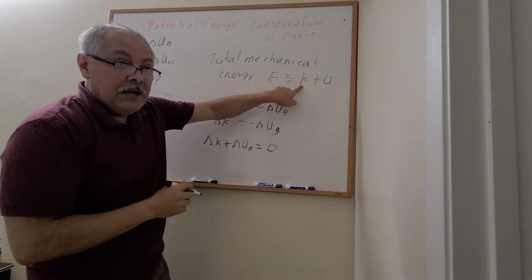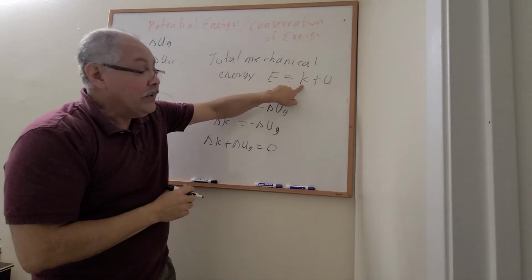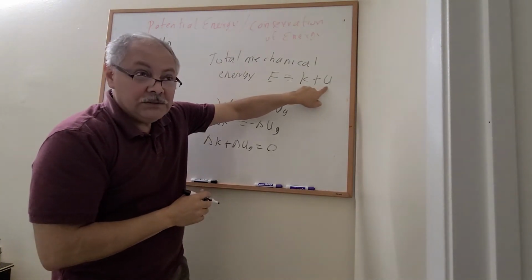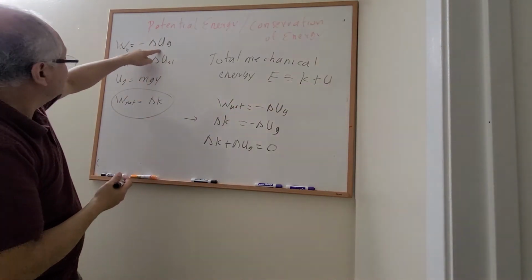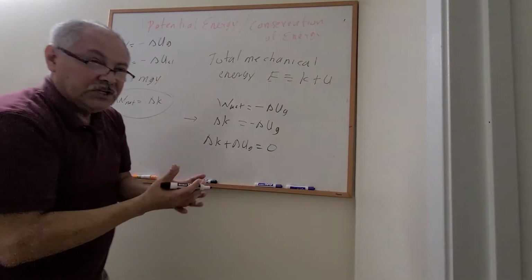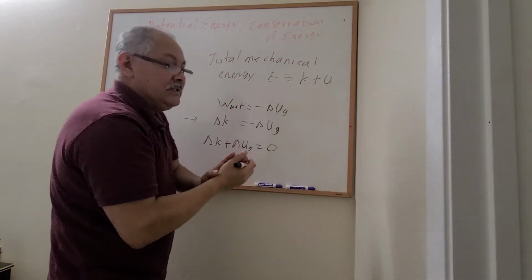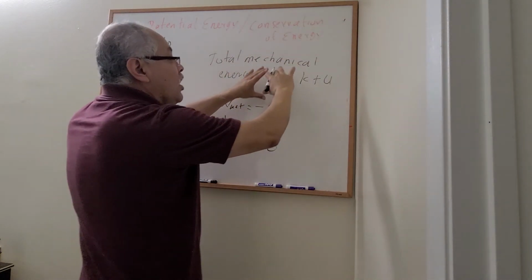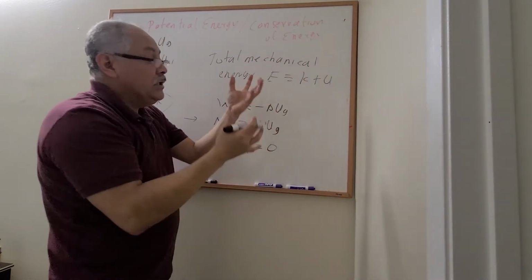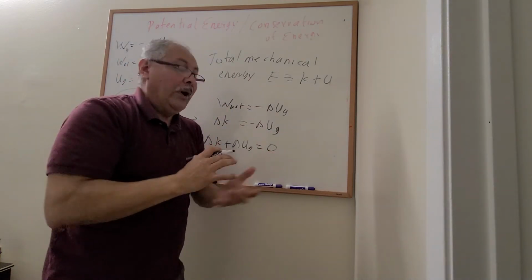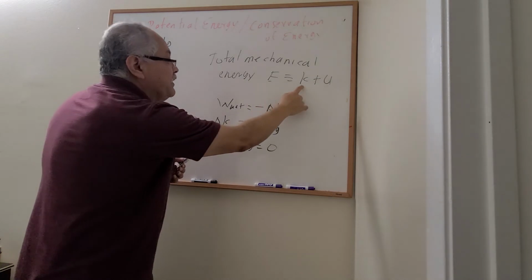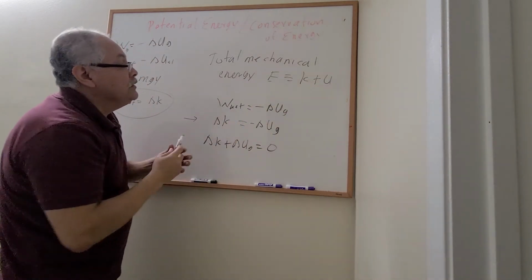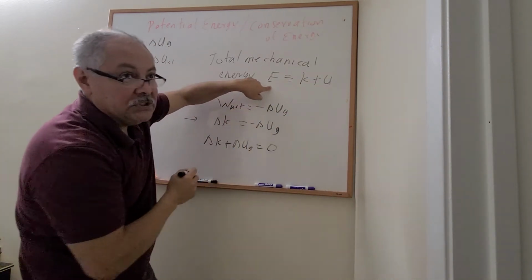The potential could be this potential plus this potential, the total potential, and the total kinetic. This is the total mechanical energy of the system. It could be one object, two objects, and so on. Got it? Now, this is the definition for the total mechanical energy.